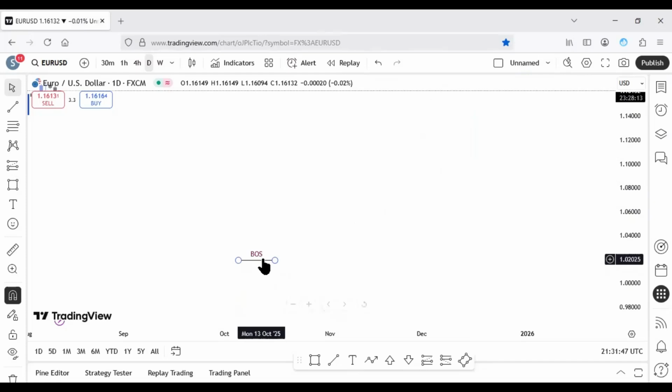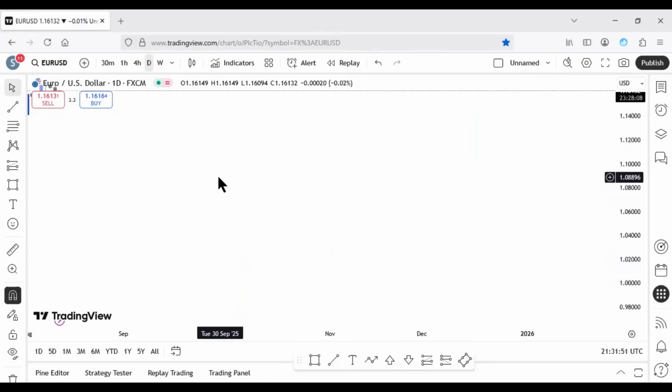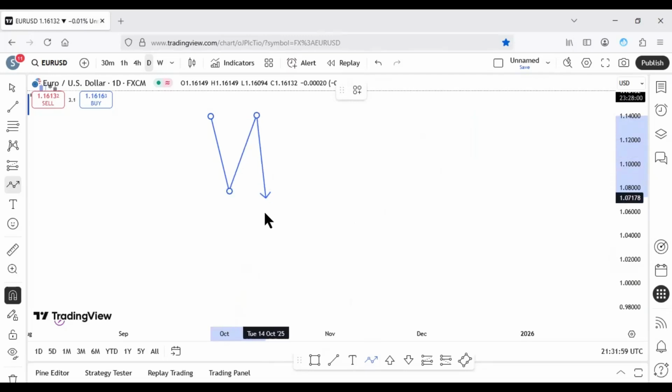In a bearish scenario, suppose price is breaking structures to the downside, like that.